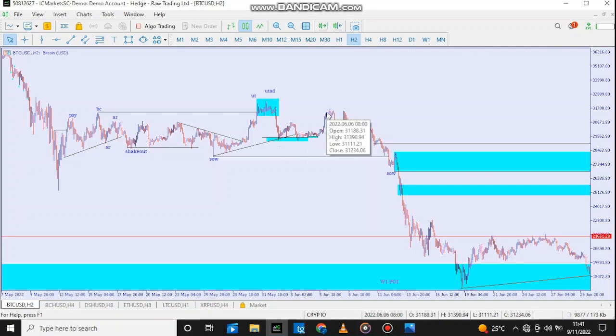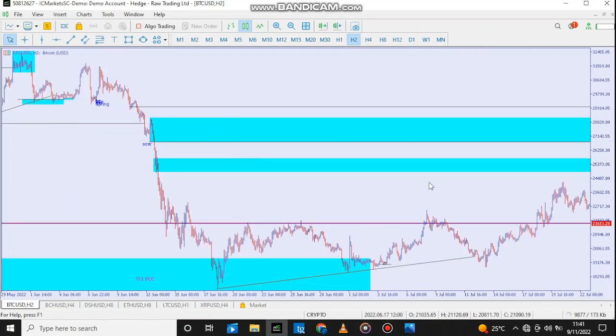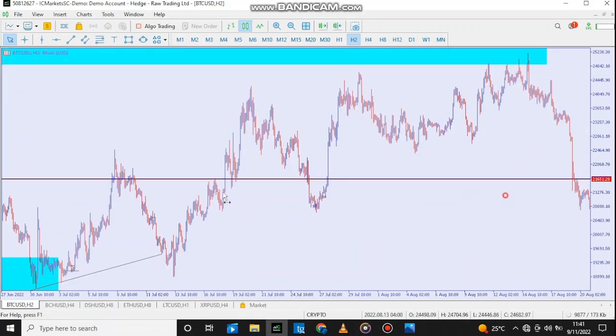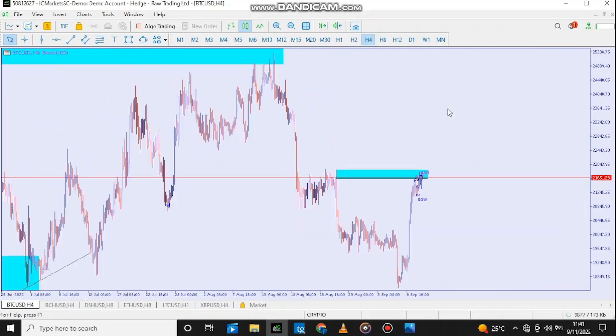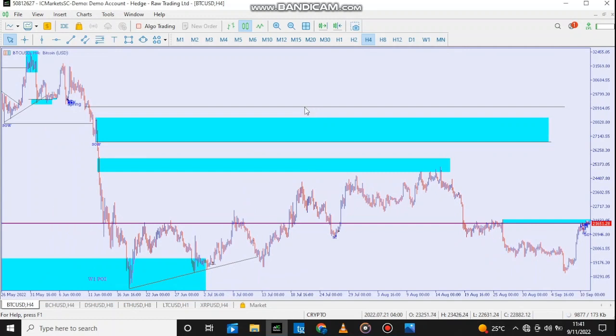I think it was 1 is to, and this one to the downside. I analyzed this move and this move, and this distribution, this move. But for today, I see something like I said.